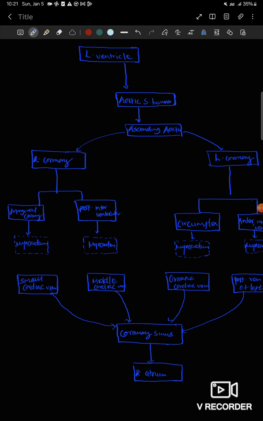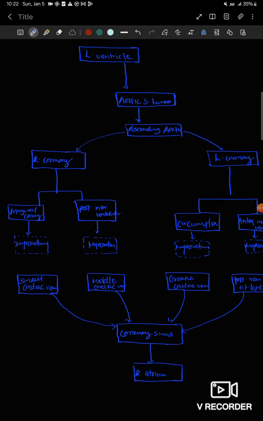After relaxation, this blood is shunted to the right coronary artery and left coronary artery. The right coronary artery divides to form the marginal coronary artery and posterior interventricular coronary artery. The left coronary artery forms the circumflex coronary artery and anterior interventricular coronary artery, which both supply the myocardium of the heart.